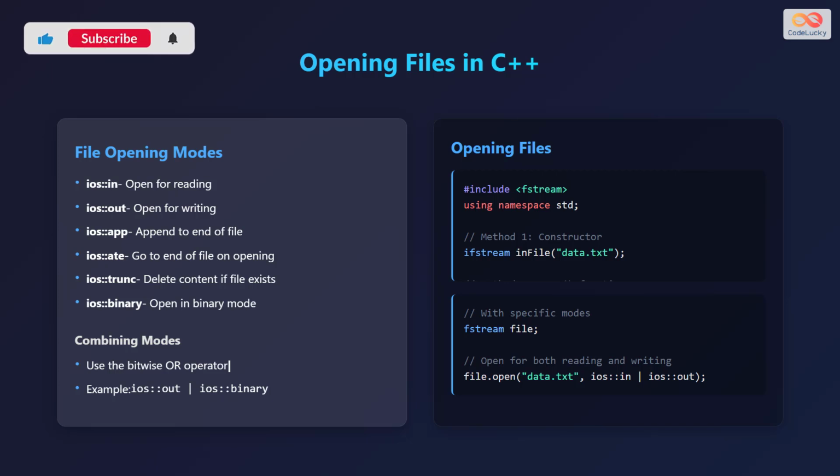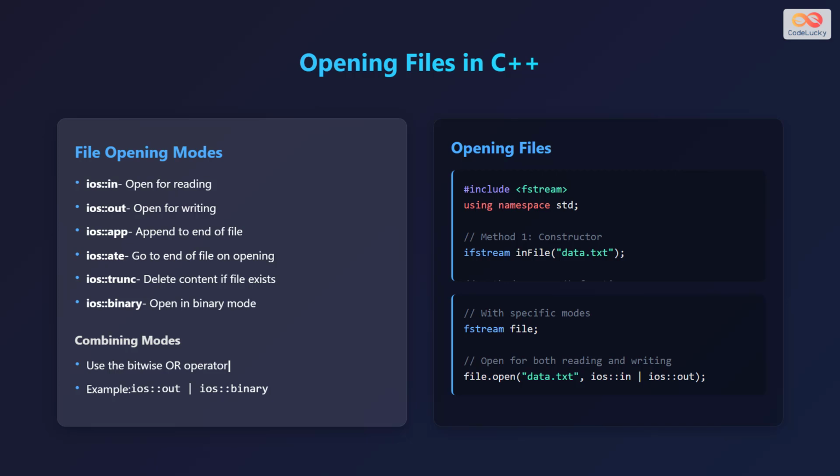Next, ios::app opens a file to append to the end. Then ios::ate opens a file and immediately moves the reading point to the end of the file. Next is ios::trunc. This deletes the content of the file if it exists. And lastly, ios::binary, which opens the file in binary mode.